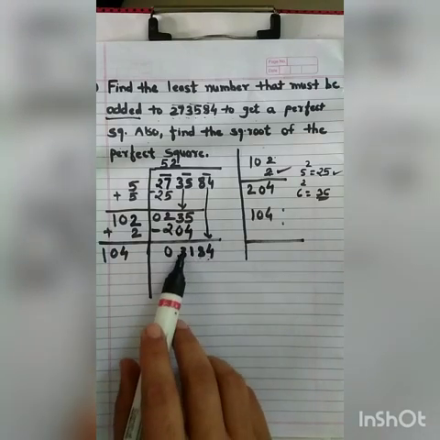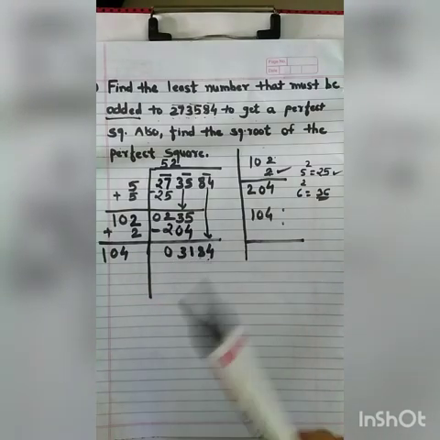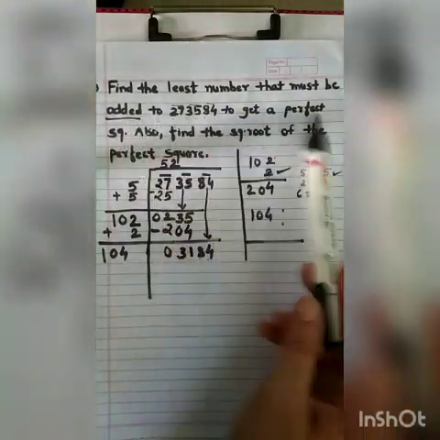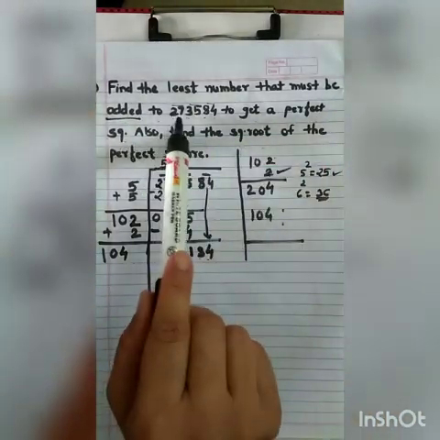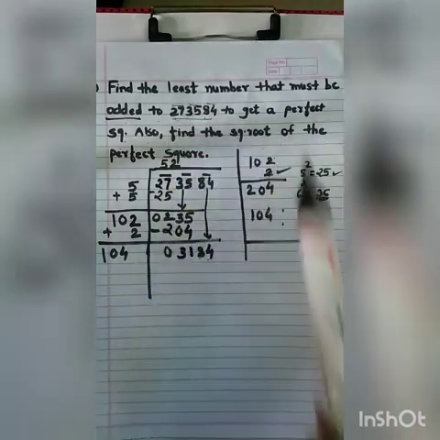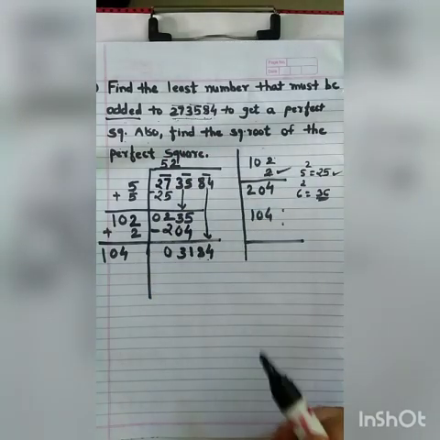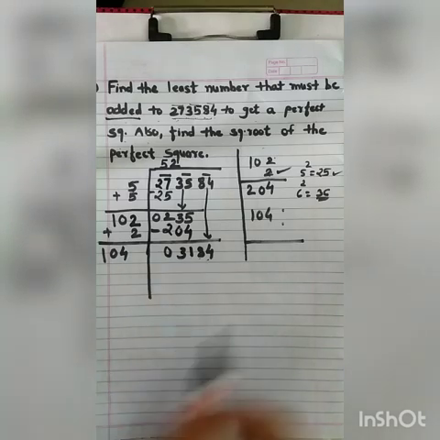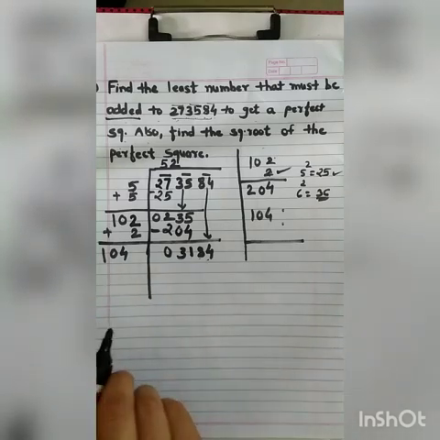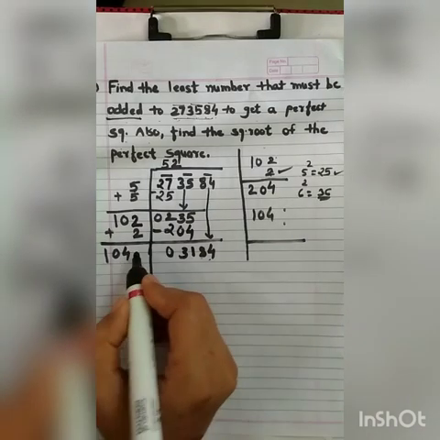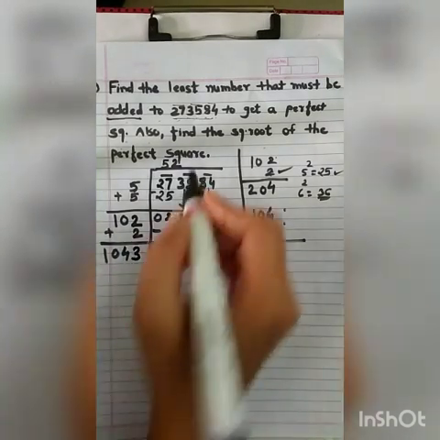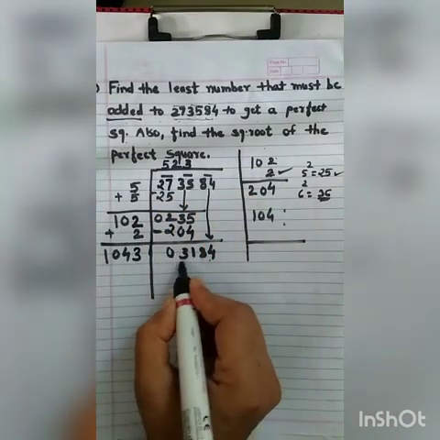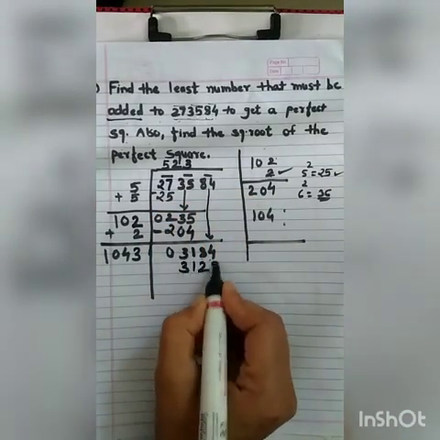But we are not getting exactly 3184. Because whenever it is asked what should be added or subtracted to make it a perfect square, it means the given number is not a perfect square number. So there will be something in the remainder, so that we have to add or subtract accordingly. So we will take 3 here, and by 3 I get nearer to the number, that is 3129.